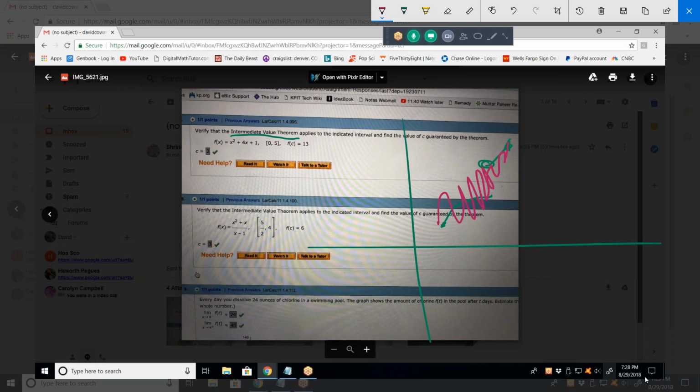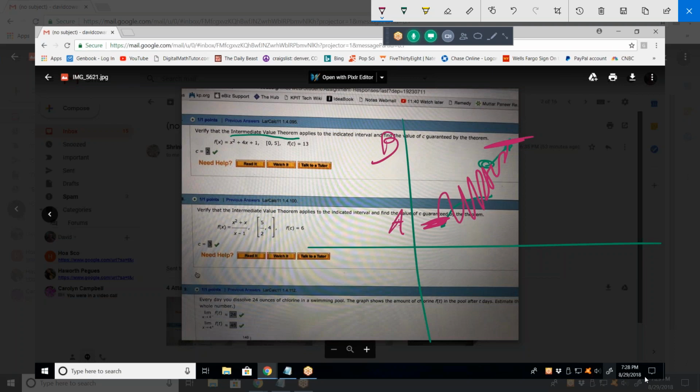That's continuous. And what the intermediate value theorem says is if you have a continuous function, then all values between a and b have to exist. You can't get from a to b without going through every value between a and b.